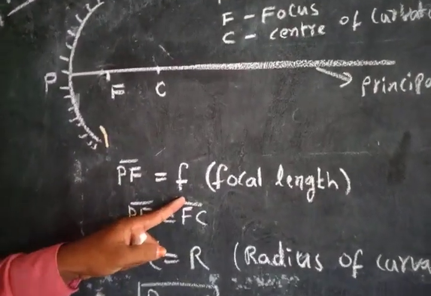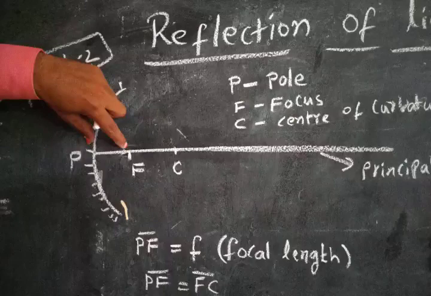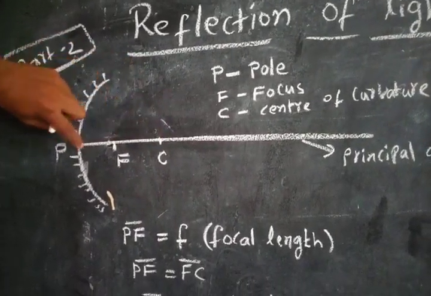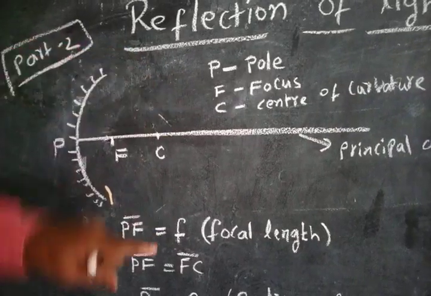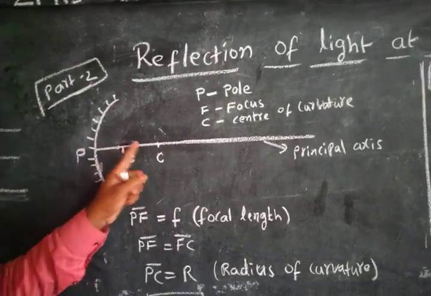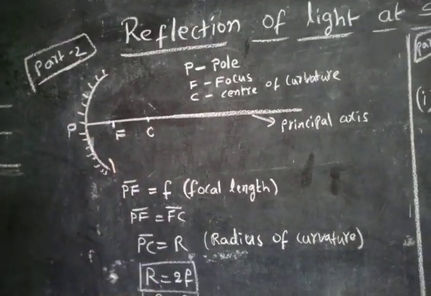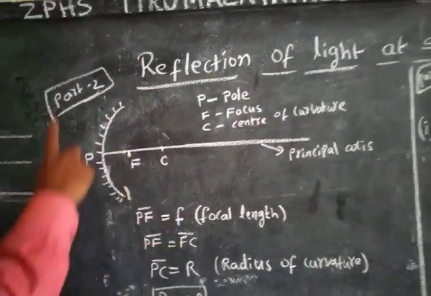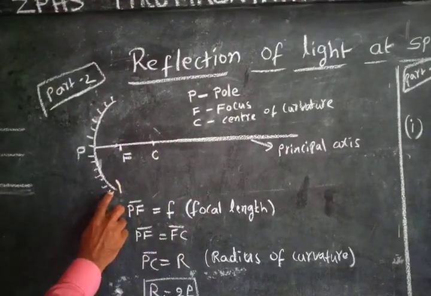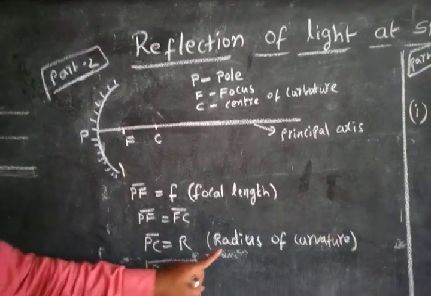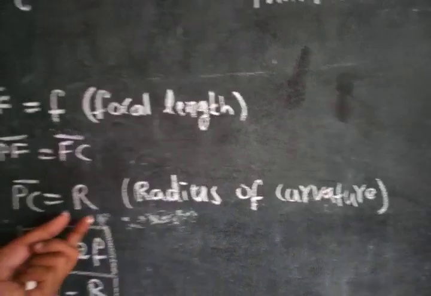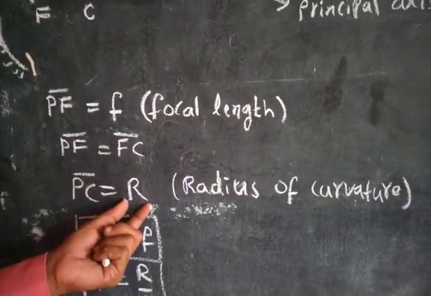We know that PF is equal to FC because F is the midpoint of P and C. So PF is equal to FC, and the PC distance is the radius of the shape obtained by extending the shape of the concave mirror. That's why it is called the radius of curvature. The radius of curvature is shown by capital R.